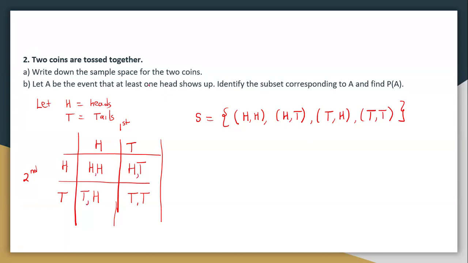Now, after obtaining your sample space, they're telling you that your event A has at least 1 head showing up. By show of hands, who can list for us that subset? Which values shall we have within the event? You can raise your hand and tell us what you think. Yes, Patricia. Good morning, sir.